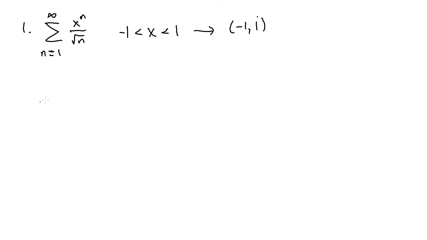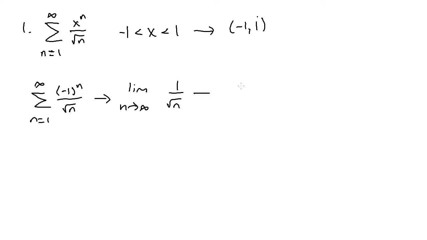If I plug in -1 to the series from 1 to infinity, we have -1 to the n over the square root of n. Notice we have -1 to the n, so this is an alternating series. So we can just set the limit as n approaches infinity of everything except for the alternator, so the limit of 1 over the square root of n.